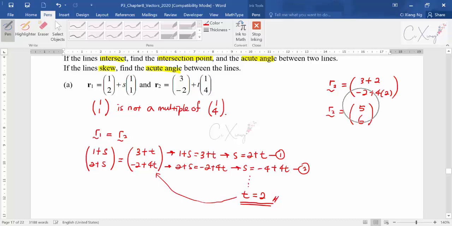So this is actually your position vector for the intersection point between these two lines. Before that I told you, in the very first or second video, when we talk about the vector equation, generally when I substitute some value into the T, it is a point on the line. So this particular point is the intersection point on the line between R1 and R2. So I need to make a simple conclusion here. You can say that R1 and R2 intersect with each other.